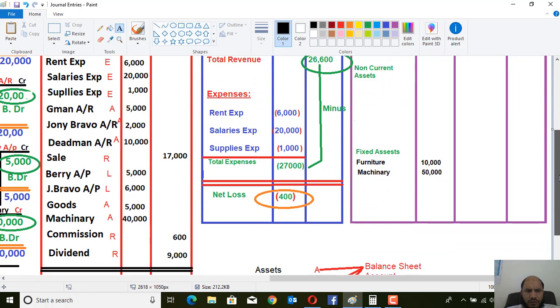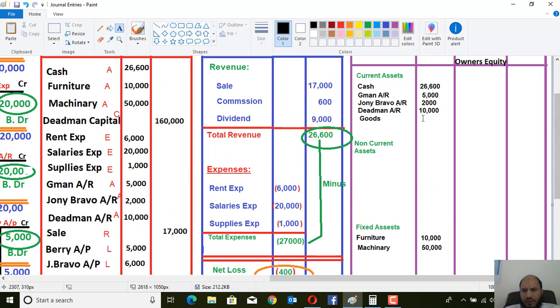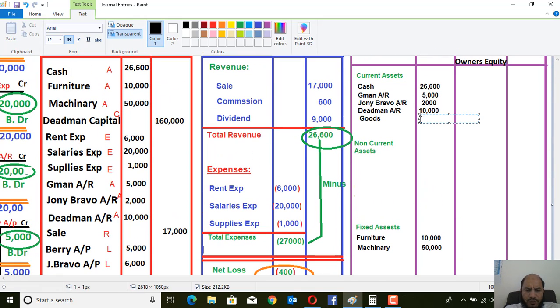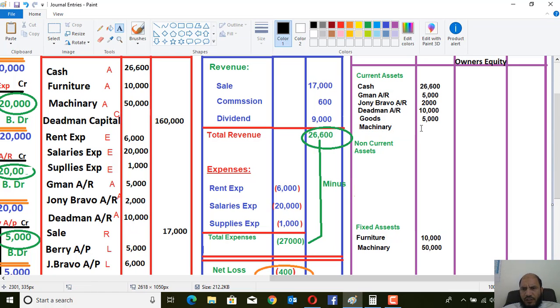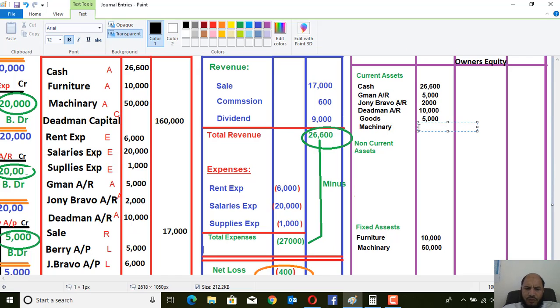It is equal to 5,000. And we also have another type of account called machinery. This machinery is purchased for resale, and it is a type of goods. So the amount is equal to 40,000.